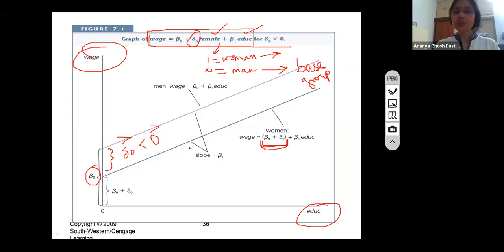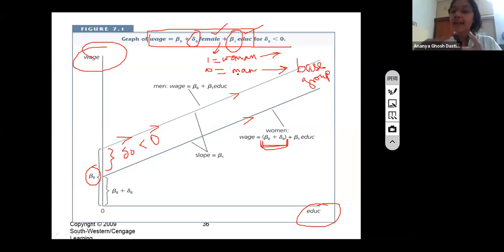Now also note that the line for men and the line for women are parallel. In this model, the slope is the same. So by estimating this model, I'm saying that men and women have exactly the same returns on education.